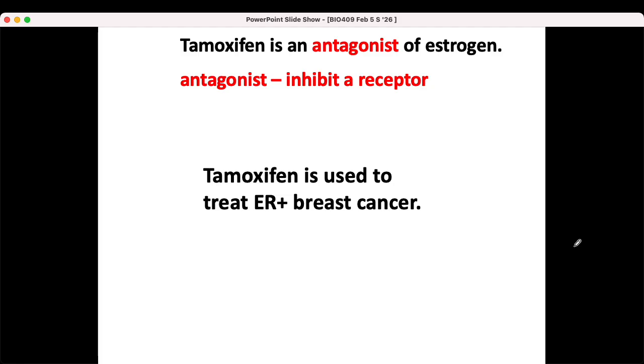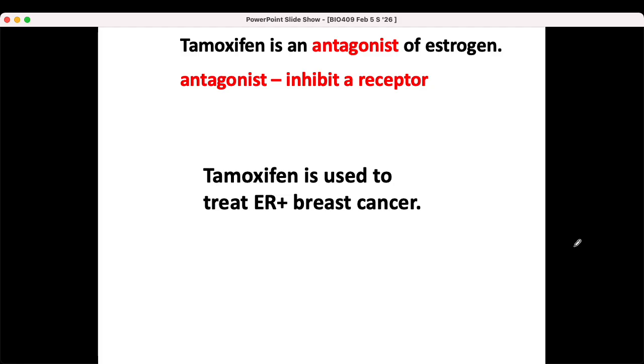The reason is that tamoxifen binds to the estrogen receptor, so it only helps if the estrogen receptor is present. And tamoxifen is an antagonist of estrogen. An antagonist means it does the same type of thing as estrogen, except it does the opposite. And for the word antagonist to be used, it has to be binding directly to the receptor. That's what tamoxifen does.